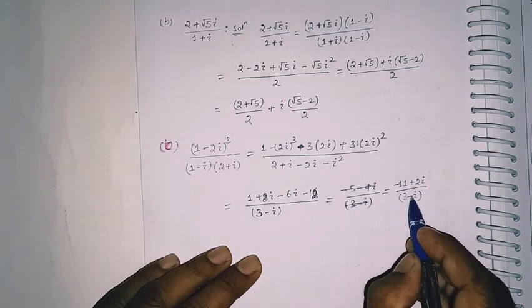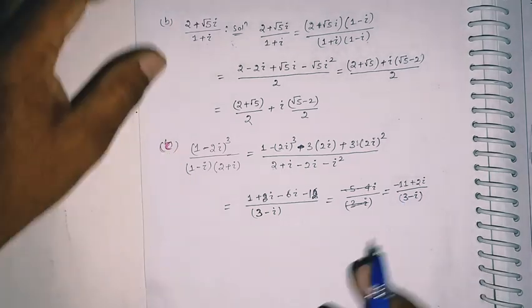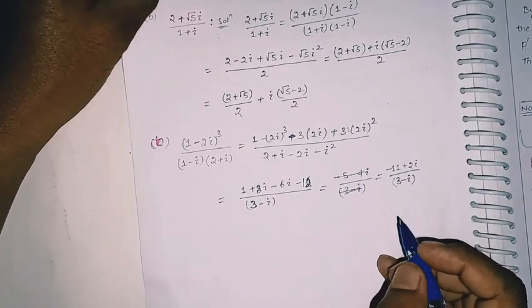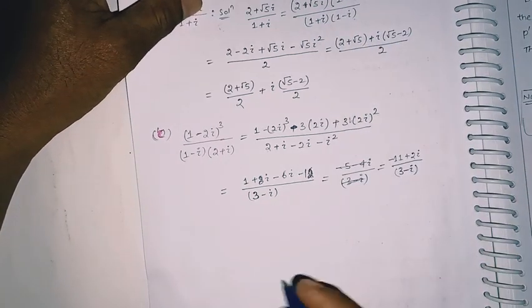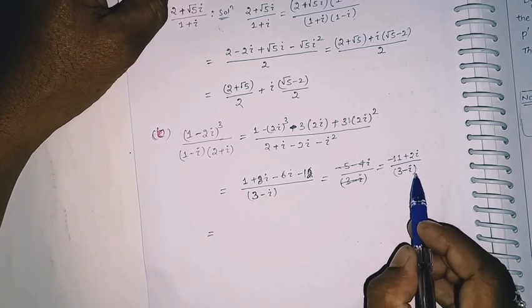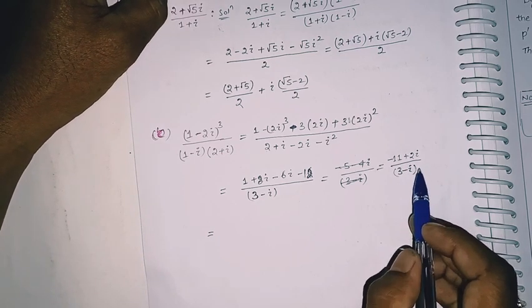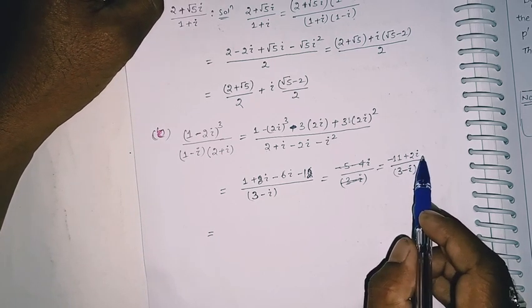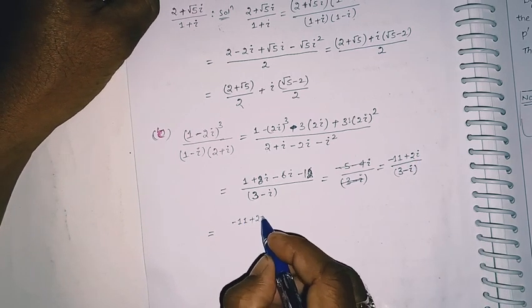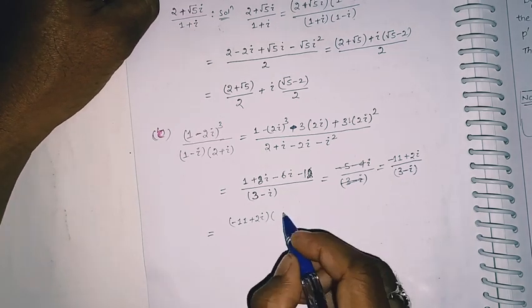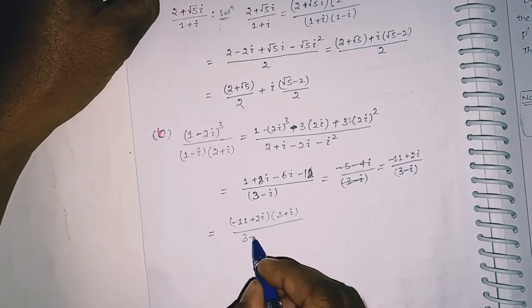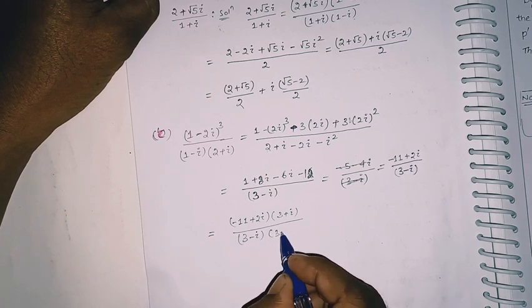So here we have not found it in the form of x plus iy. So further, to find x plus iy, what we have to do? We have to multiply by the conjugate of 3 minus i. 3 minus i is there, so we multiply 3 plus i in numerator and denominator. So it will be minus 11 plus 2i into 3 plus i divided by 3 minus i into 3 plus i.